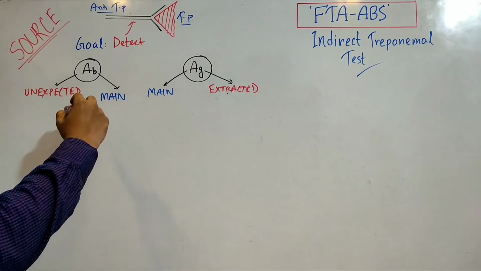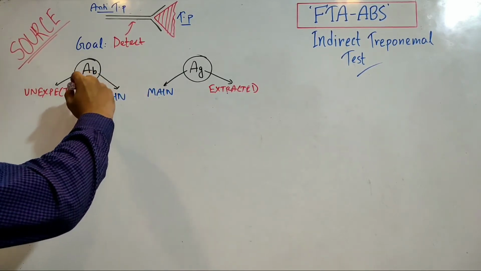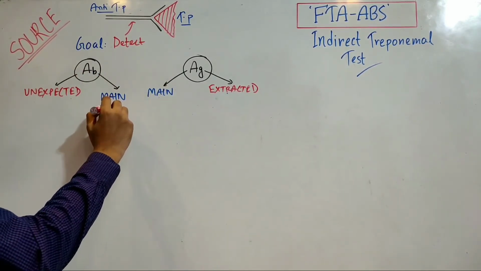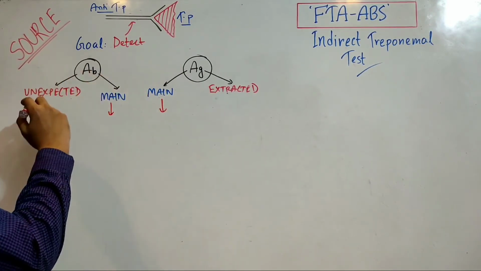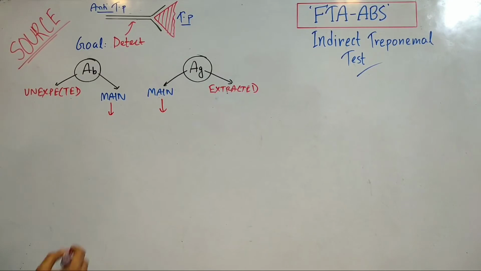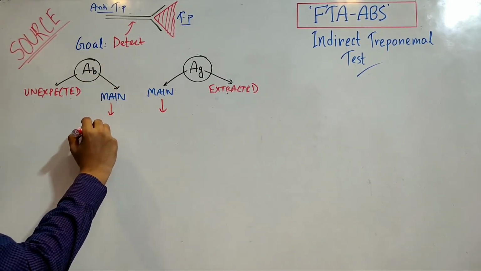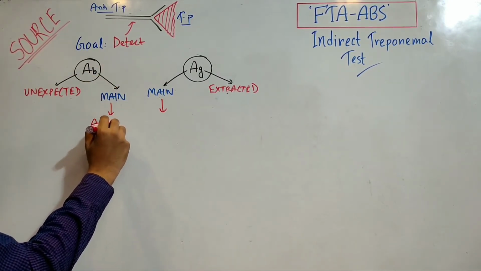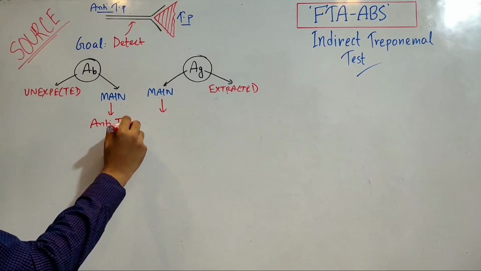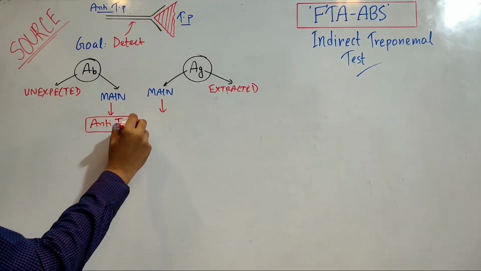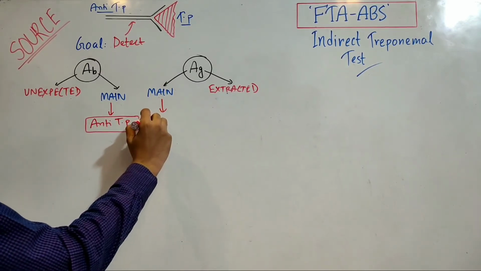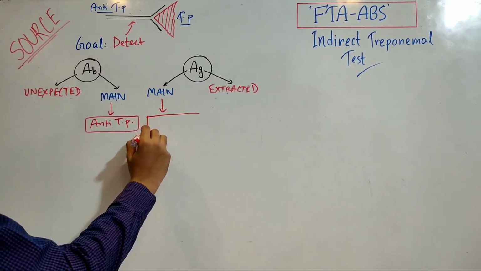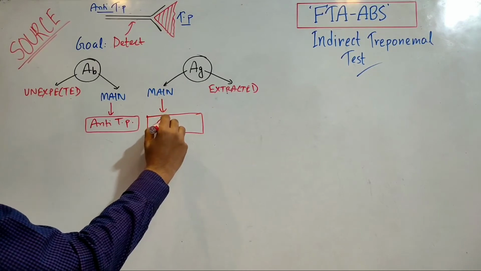So now that we are clear about the sources of these antibodies and antigens, let's look at what exactly are the main antibodies and antigens, and also the unexpected and extracted ones. So the main antibody is actually the anti-Treponema pallidum antibody. That's our main antibody that we get from the patient. And what's the main antigen? That's the Treponema pallidum bacteria itself.